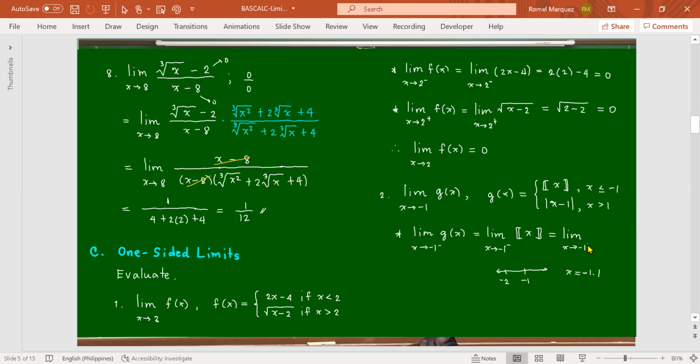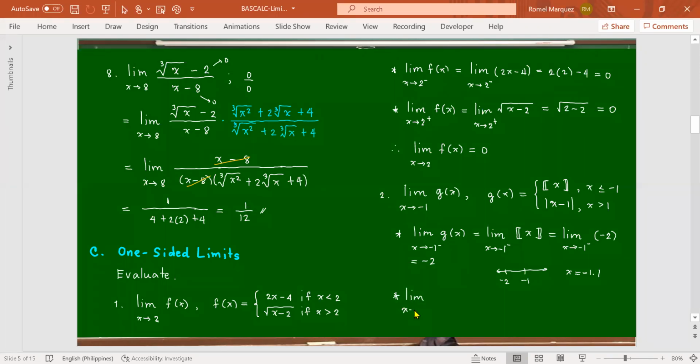Constant siya sa interval na -2 to less than -1. Sabihin, this is constant, this function, when it is close to -1 from the left. -2. What's the limit? -2.